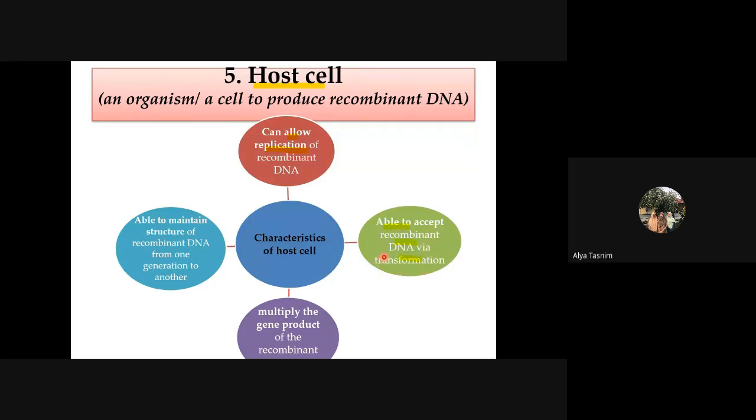Okay, when a host cell accepted the recombinant plasmid, the process is called transformation. It is transformed. And then multiply the gene product of the recombinant DNA. Bila bacteria tu multiply, so it also multiply the recombinant DNA.